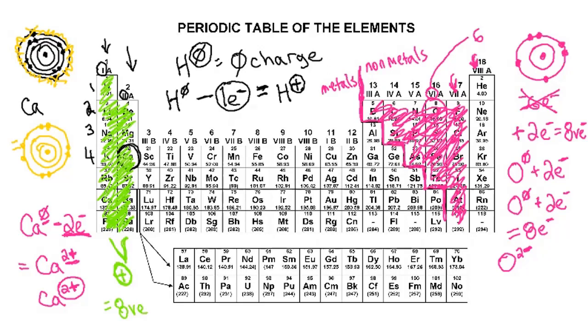So that's on the left-hand side, but on the right-hand side, these guys are going to add electrons, which is going to make them have a negative charge. Okay? Now, the positive charges over here on the left, those positively charged ions are called cations.